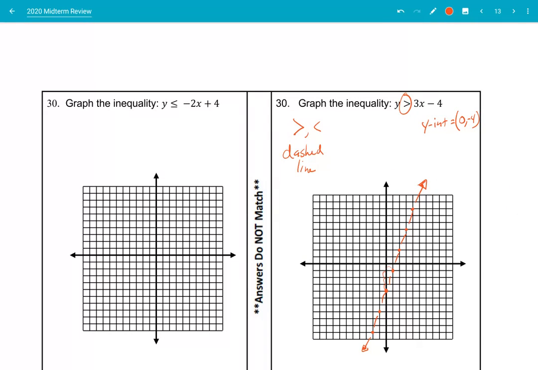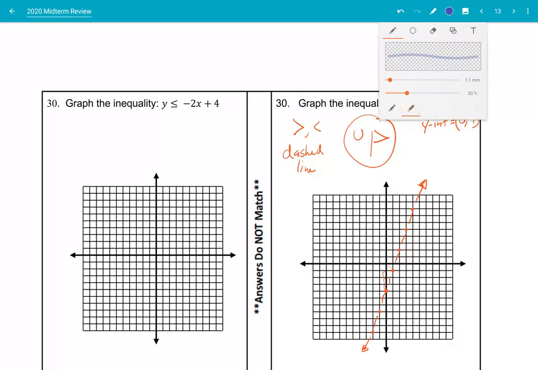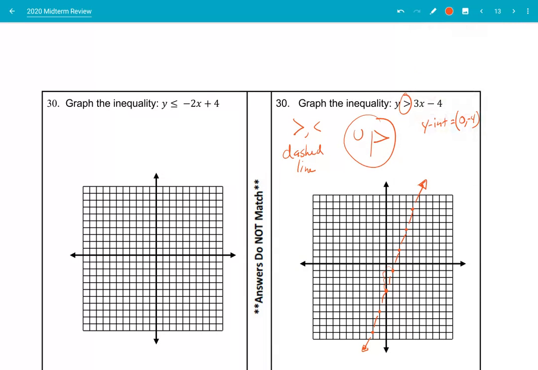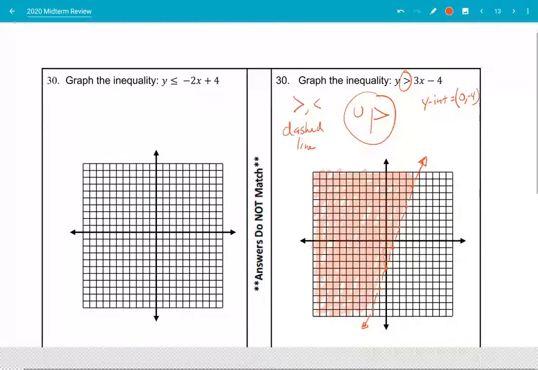And it's pointing that way, which means I can make a P from it, so we're going to shade up. So I'm going to get my highlighter and shade everything above the line. So all of that is going to be shaded. Shading up. There we go. Coloring fun.